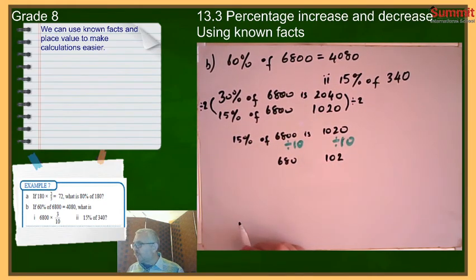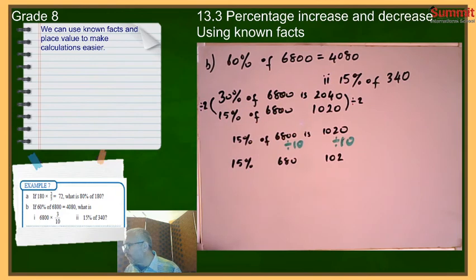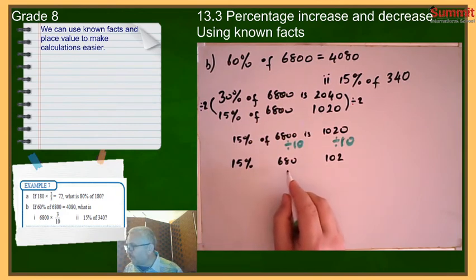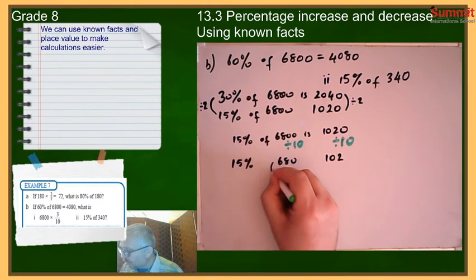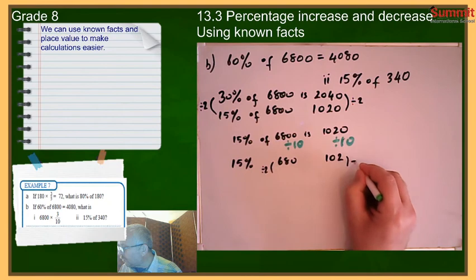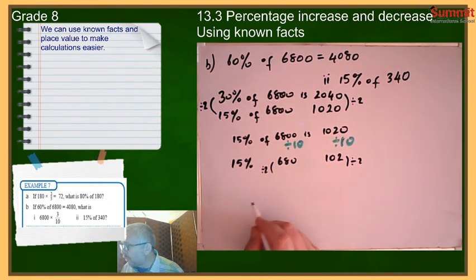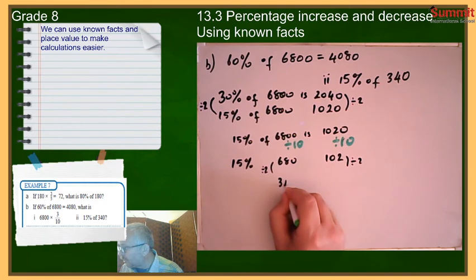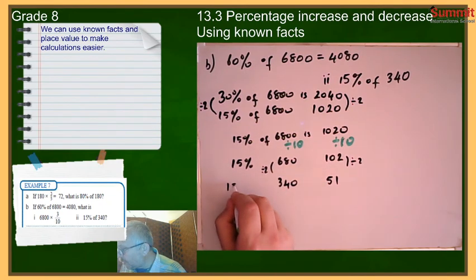Now 340 is half of this one. 15% is here, we didn't touch that one. Now we divide both sides by 2. Dividing 680 by 2, we get 340, and dividing this one, 51. Then we can say 15% of 340 is 51.